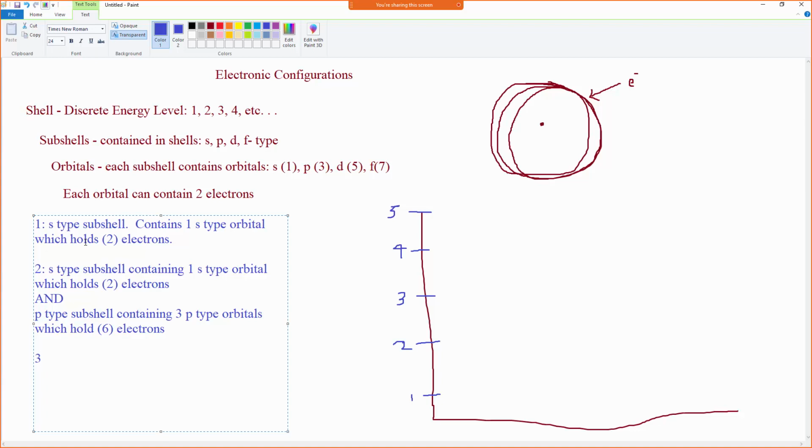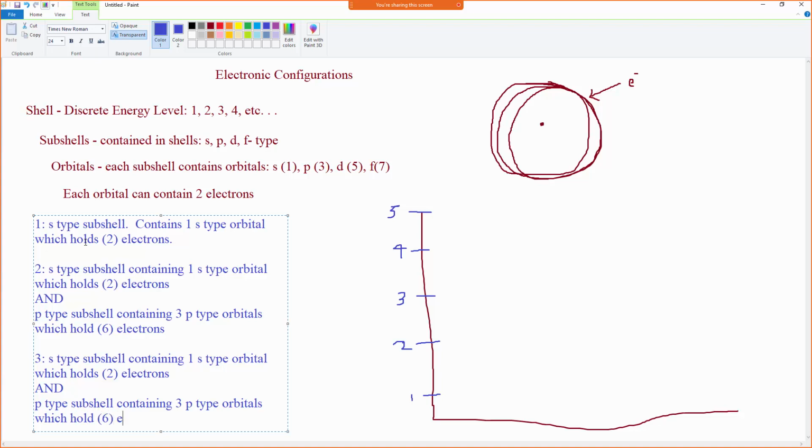In level 3, we have a new S-type subshell containing 1 S-type orbital, again, which holds 2 electrons, and again, a P-type subshell containing 3 P-type orbitals, which hold 2 electrons each, so it's a total of 6 electrons.